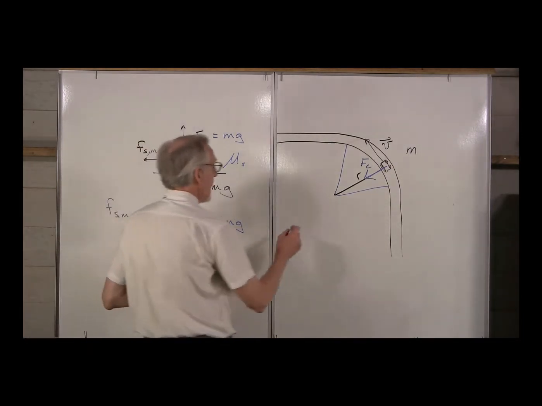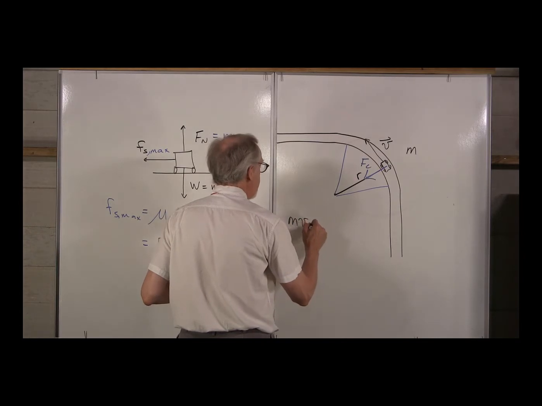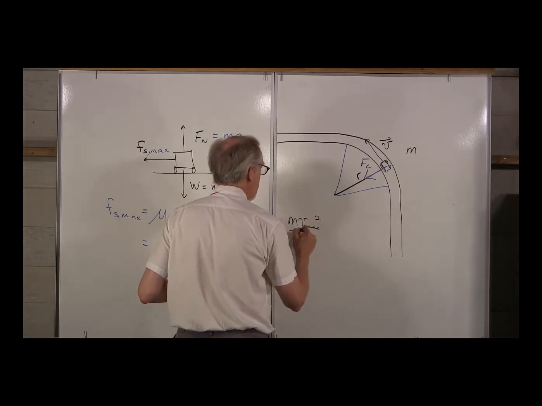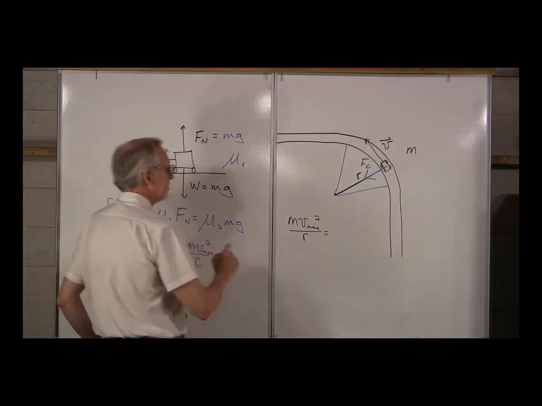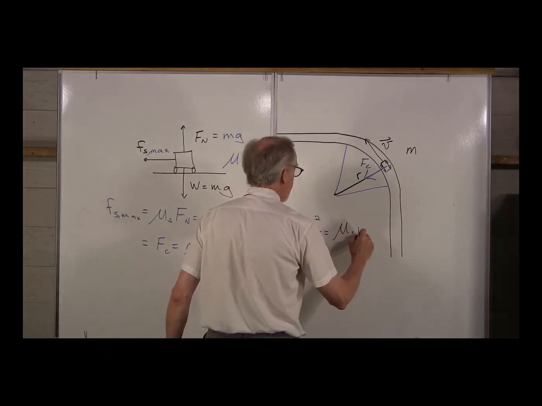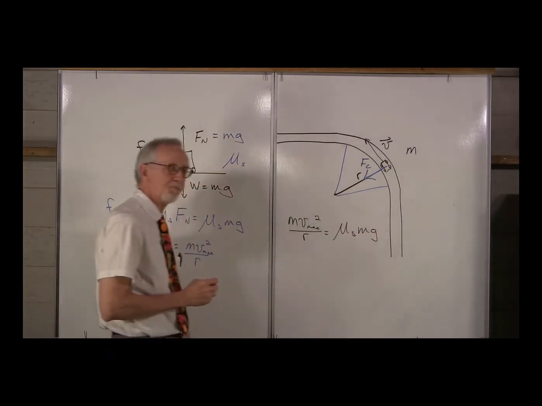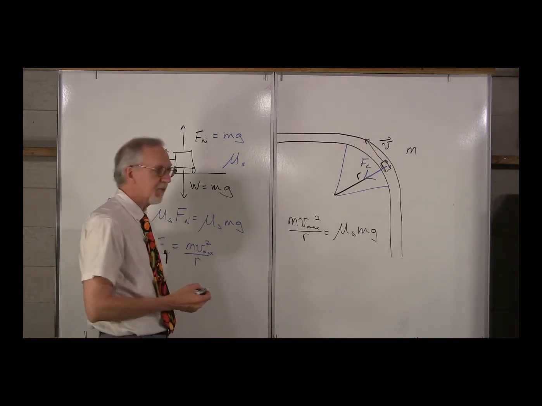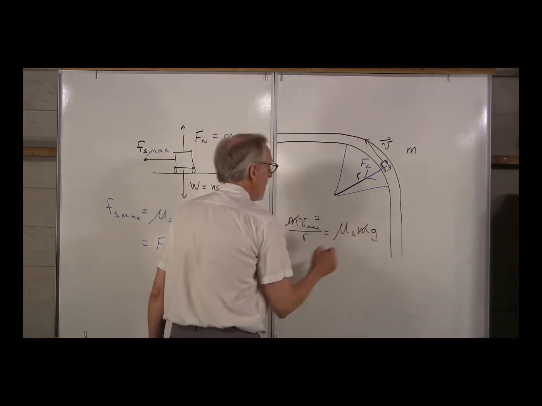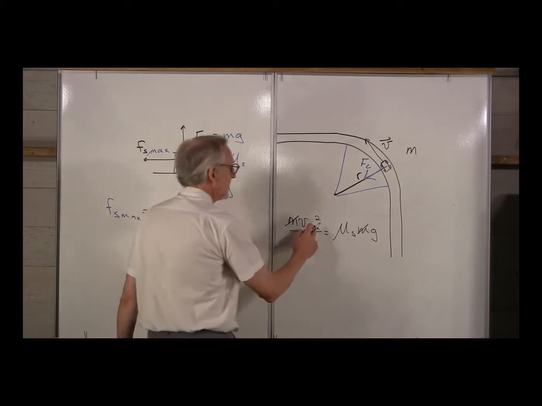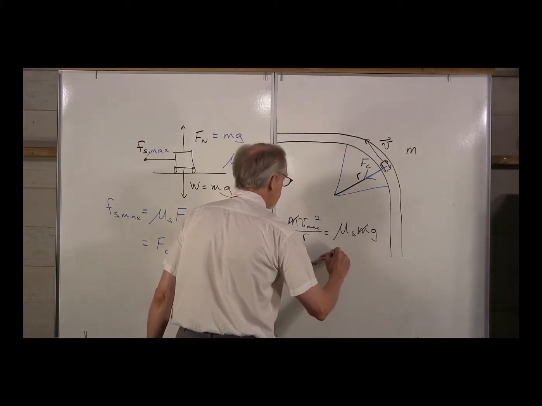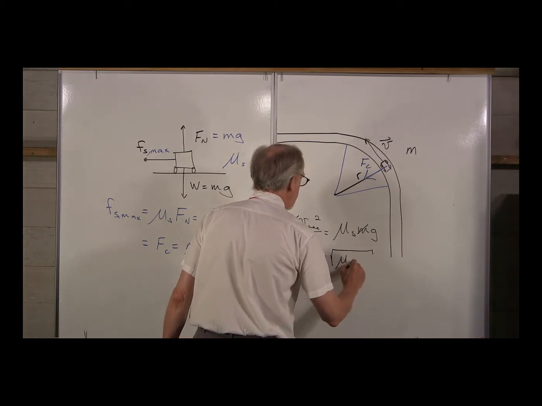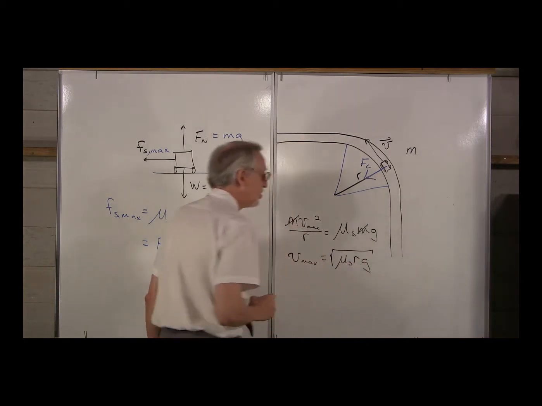So we have that m v max squared over r is equal to mu s mg. Divide off an m from both sides, multiply by r, take the square root, and we have v max is equal to the square root of mu s r g.